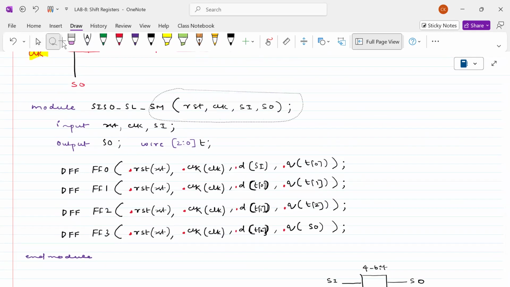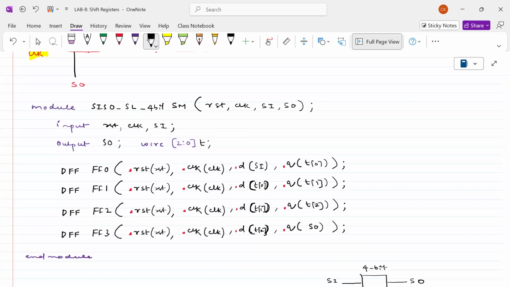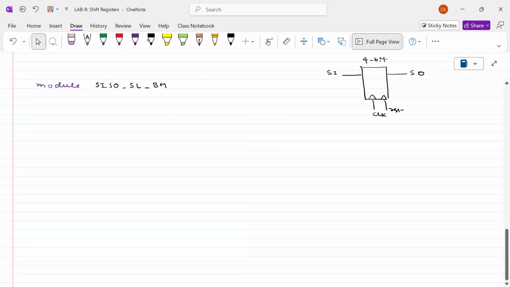4 bit, something like this I've written. Here also, I would like to write the 4 bit. Okay. What are the inputs here? RST, clock, and serial in and serial out.